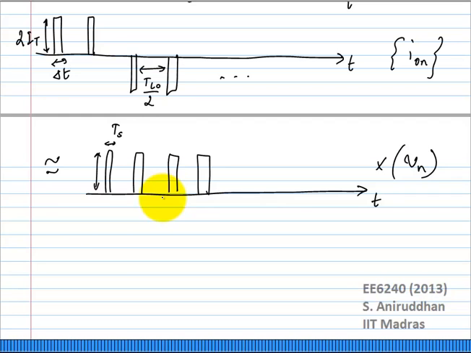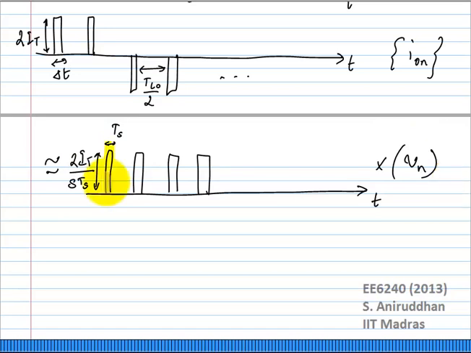It is a function of Vn, but also the slope at the zero crossing. So if you look at the height of these pulses, this will end up being 2IT by S times Ts. Because what is the value of delta t? It was Vn by s. So if you take out Vn as a common factor, the height of these pulse trains will be 2IT by S times Ts.